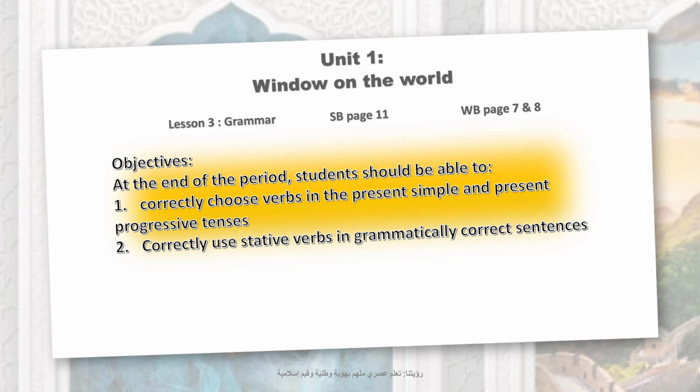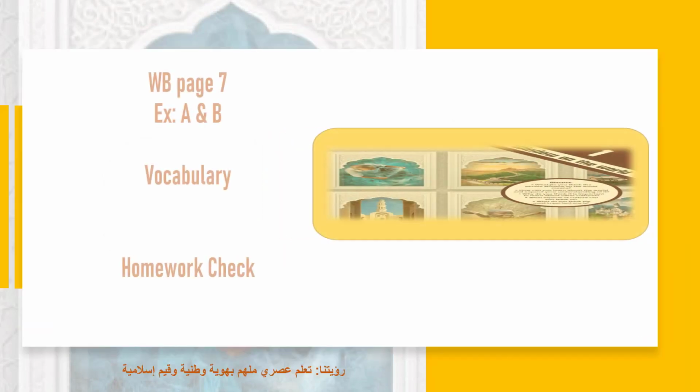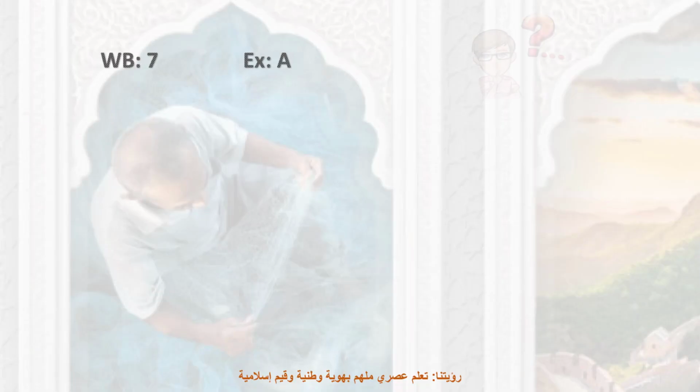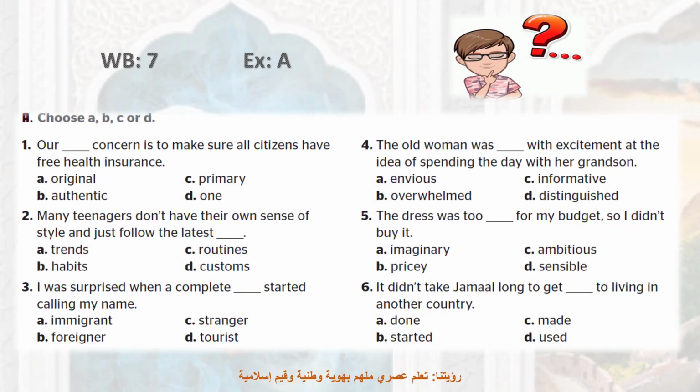Before we start, let's have a look at yesterday's homework in the workbooks, page 7, exercises A and B. Workbook, page 7, exercise A. The answers are as follows. Number 1, C, primary.